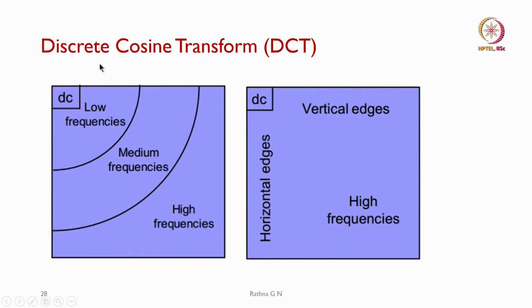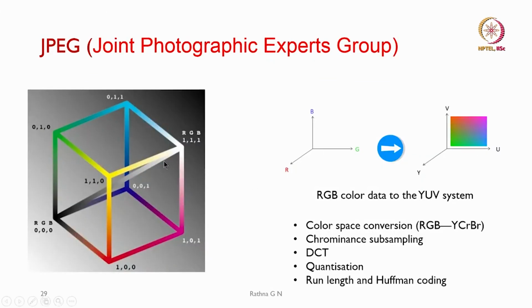The DC value is going to be maximum in the case of DCT, and we saw where the low, medium and high frequencies are present. Because of our human visual system we may not be able to see the high frequencies, so we can eliminate them and go for compression, and JPEG uses this DCT compression technique.